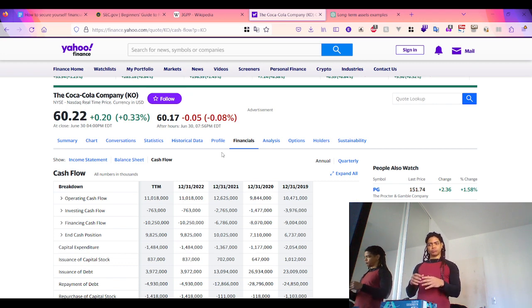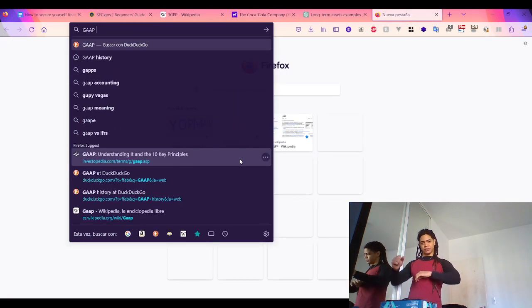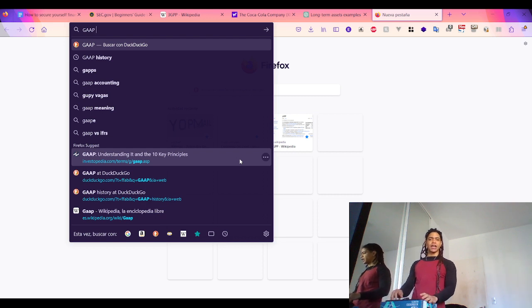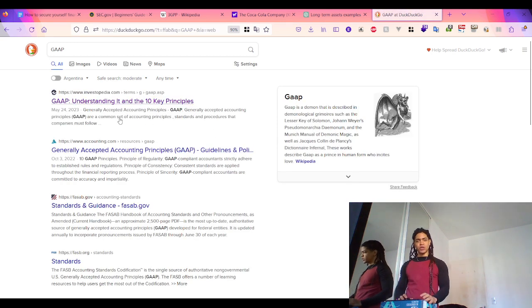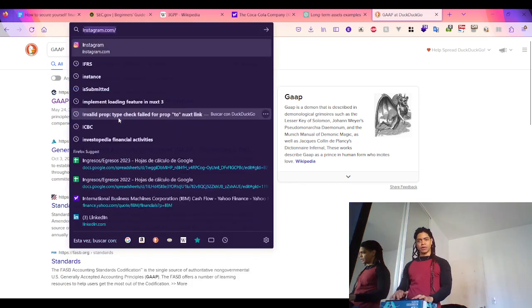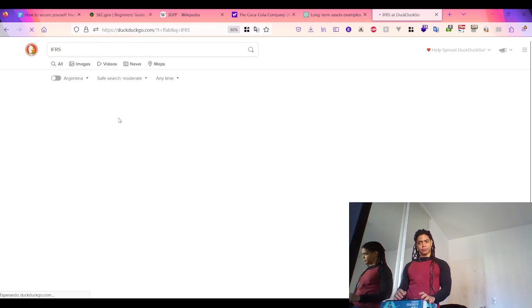So, for example, if they follow the GAAP principle as well as other methodologies, where GAAP is the generally accepted accounting principles for U.S. public companies, or the International Financial Reporting Standards.